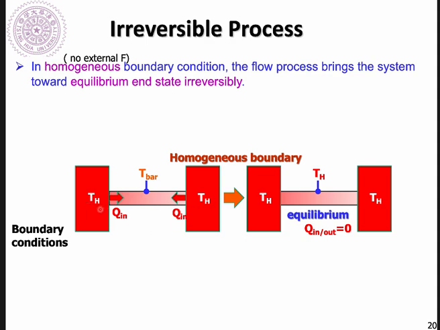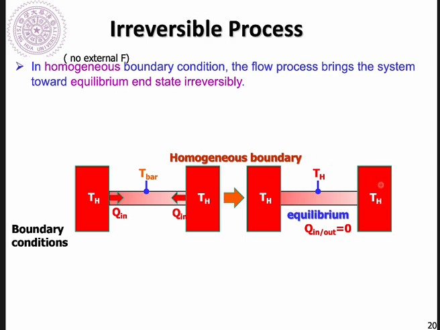These two heat reservoirs will provide heat flow to this metal bar. So finally, the temperature distribution on this metal bar will increase from T bar to TH. If you measure it, everywhere you have a constant TH temperature along this metal bar, which means the system reaches the equilibrium condition.